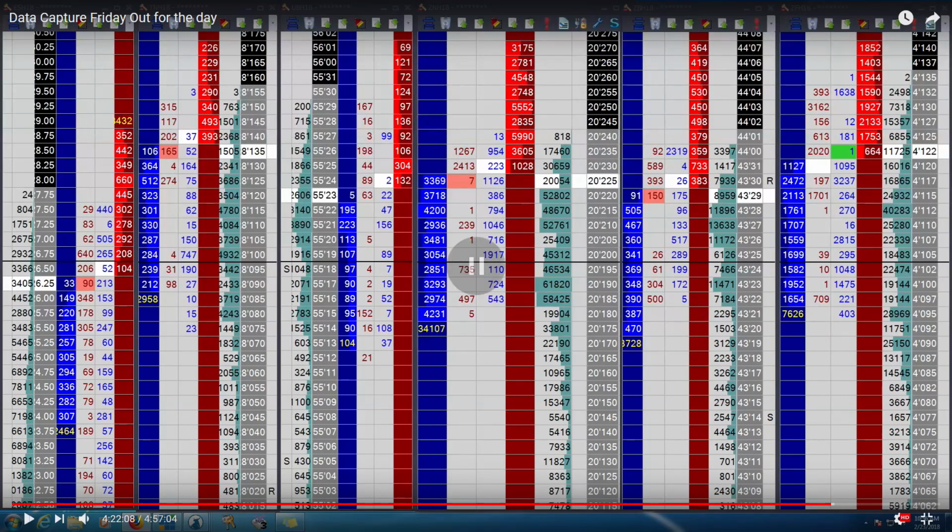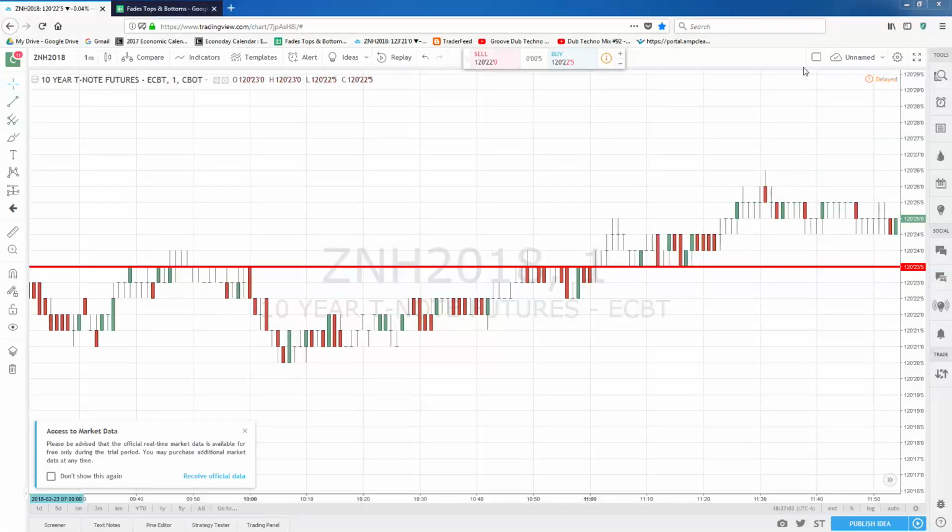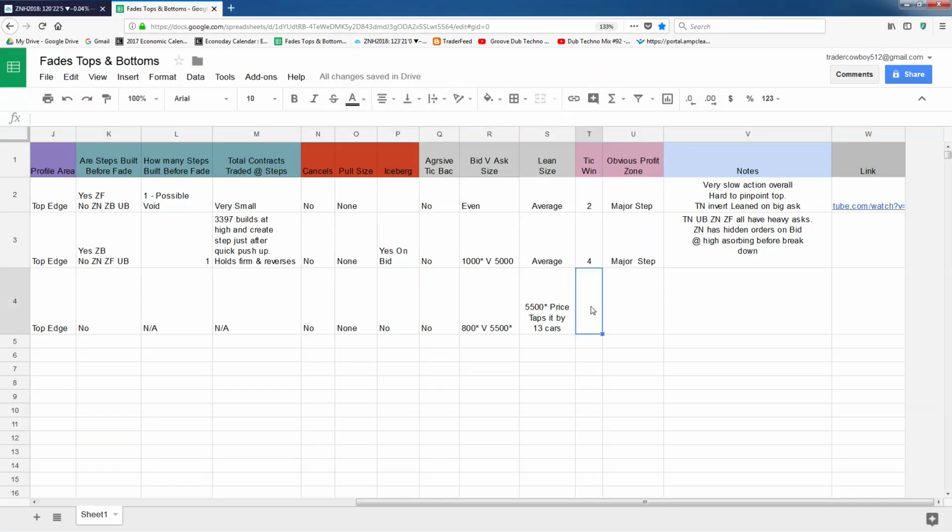All right. I think that's that. Because it eventually reverses. 1 tick.